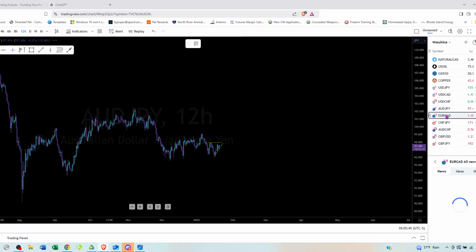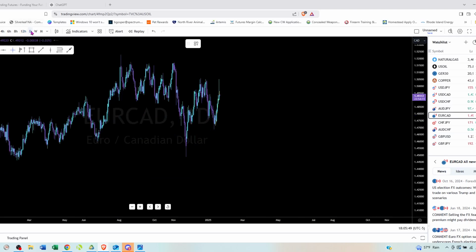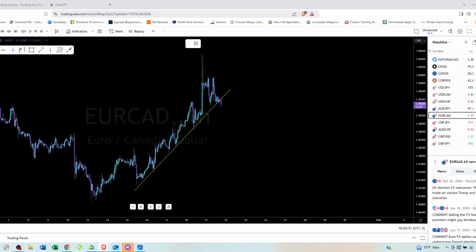So Euro Canadian, this is the one where I took a loss on earlier. I was thinking price was going to go higher after we made this high last night. Then we came down and we had this bounce here, and I got up to about here.